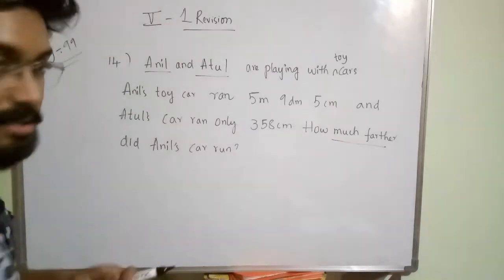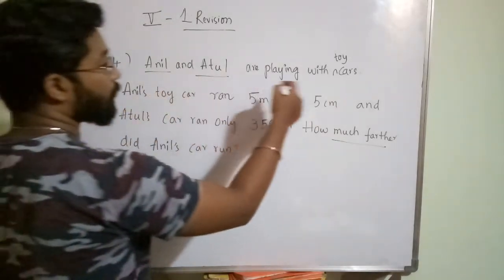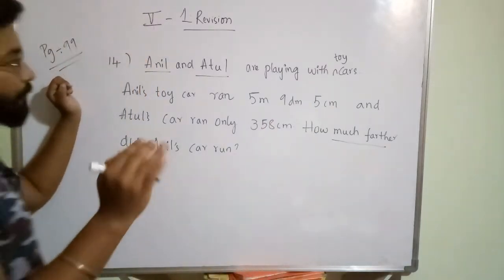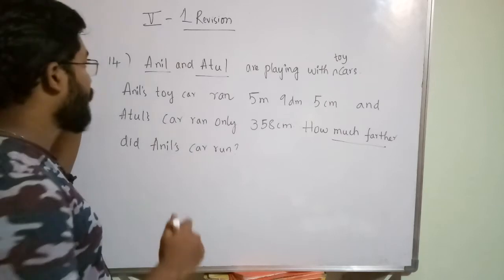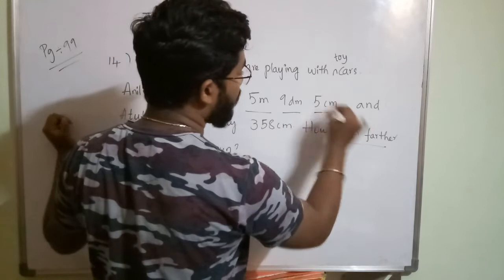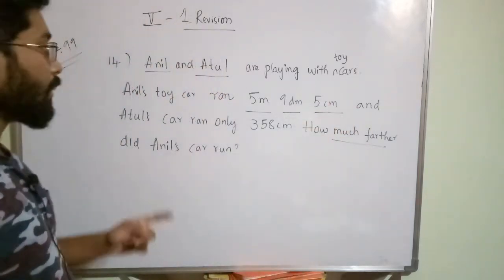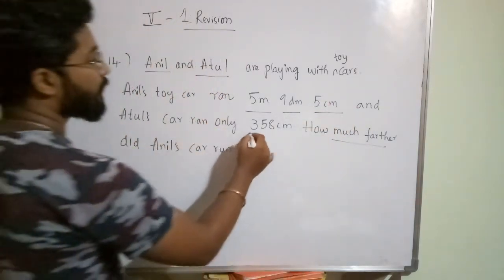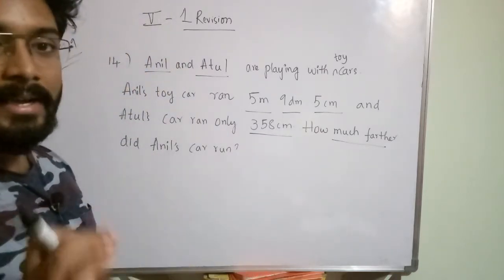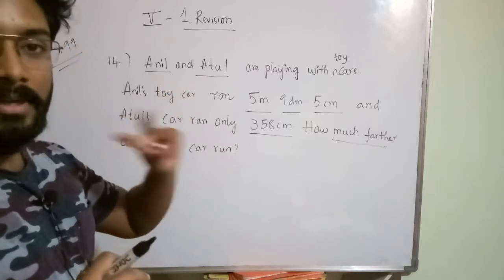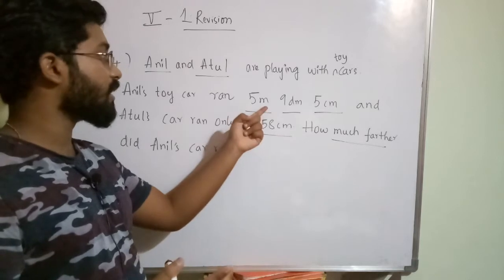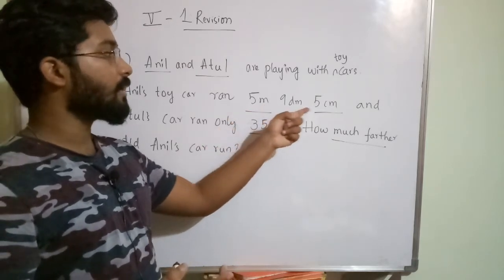So let us understand the question. Anil and Atul are playing with toy cars. You must have also played when you were very small. Anil's toy car ran 5 meter 9 decimeter 5 centimeter, and Atul's car ran only 358 centimeters. When you are adding or subtracting, you have to take care that both numbers have the same units. Here it is centimeter, but here it is meter, decimeter, centimeter.